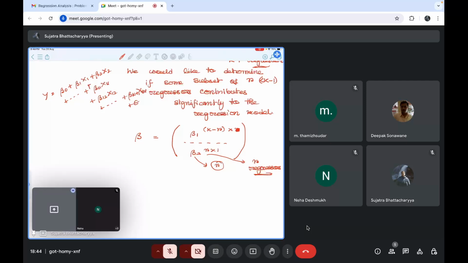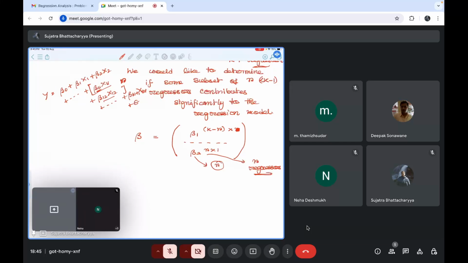So I am taking any r of this subset and trying to prove whether these are significantly contributing to the regression model or not. That's the thing. So all these coefficients which I have taken, beta 11, beta 12, and so on up to some beta 21 suppose.